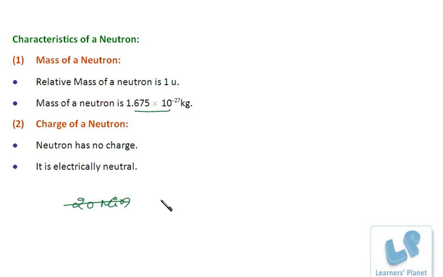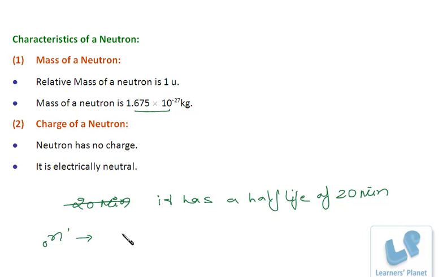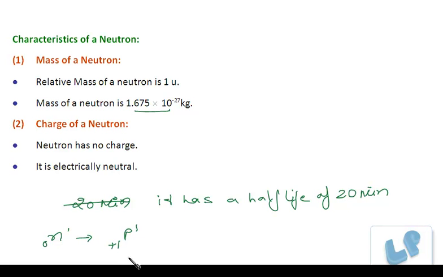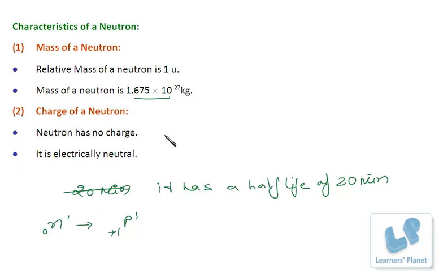Or I can say that it has a short half-life of 20 minutes. Half-life, do you understand? Half-life is when it reduces to half its actual amount. So the neutron undergoes decay and produces a proton plus an electron and a neutrino.